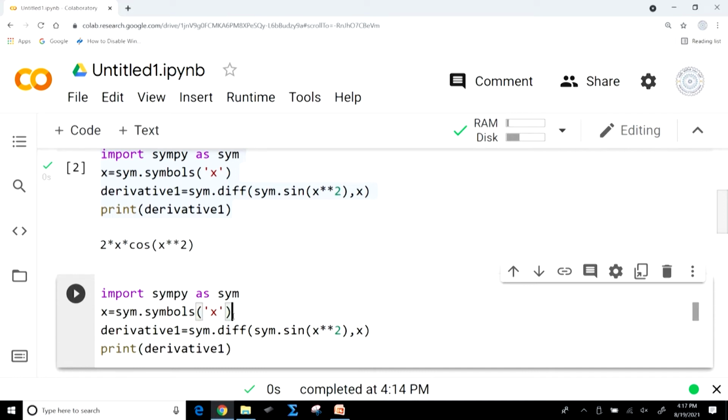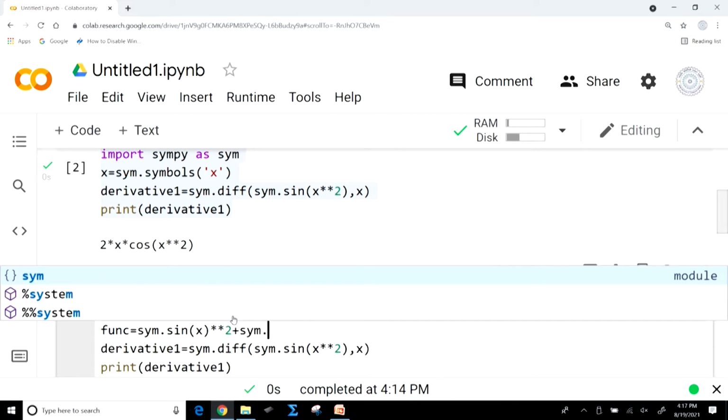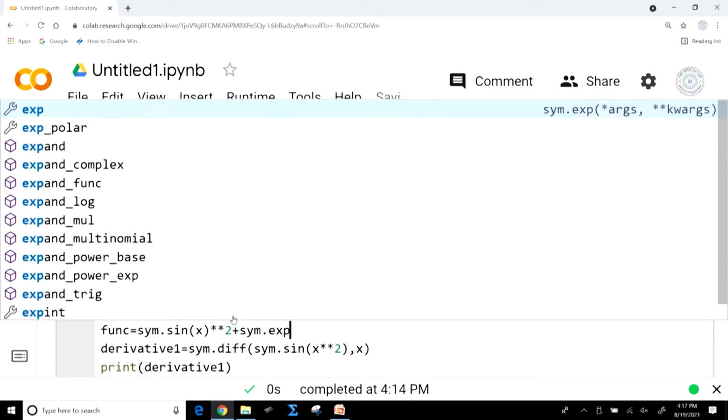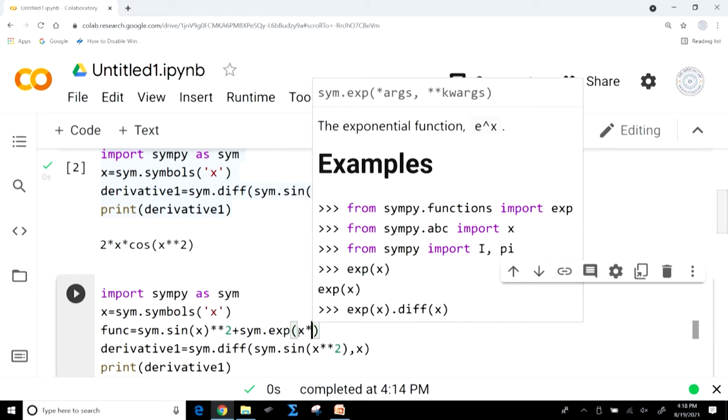Suppose you define your function, func, equal to sym.sin of x, or maybe sin square x, plus sym.exp of x square.